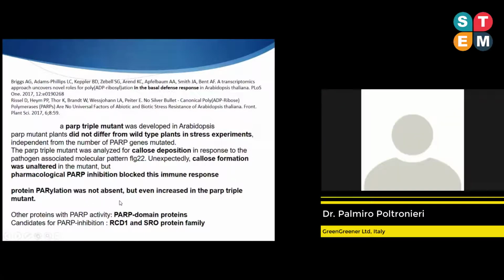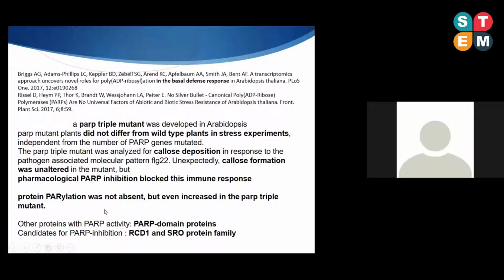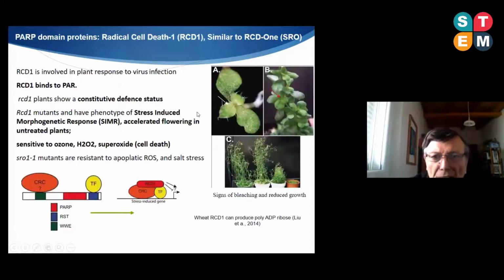So PARylation even increased in the mutant. So there are other proteins that are responsible for this activity, and these are PARP domain proteins. And these are two types of PARP domain: the radical-induced cell death 1 and similar to radical-induced cell death 1.